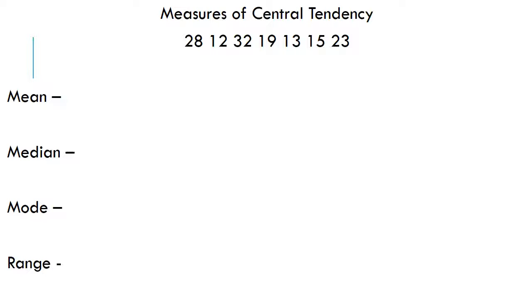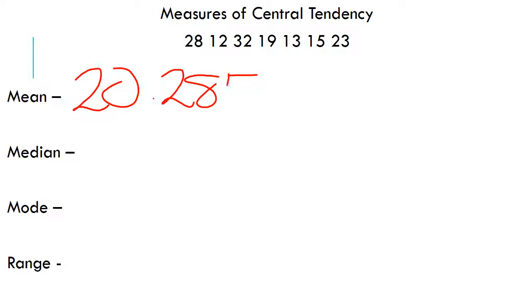Okay, look at what we just did. We took a set of numbers and we found the mean, which was 20 and 285 thousandths. Remember, the mean is the average. If we estimated that, it's going to be about 20.